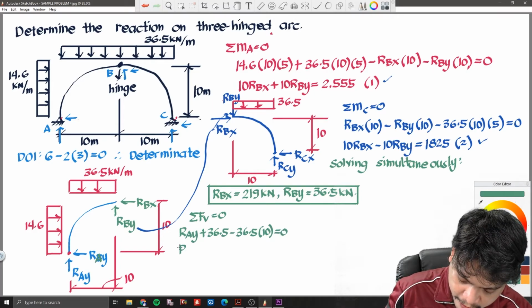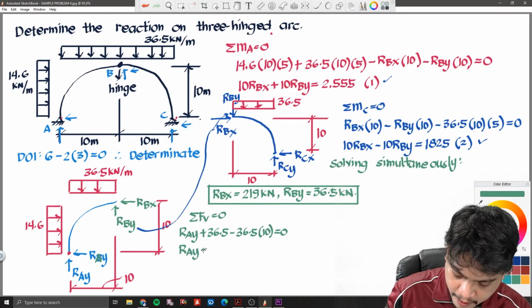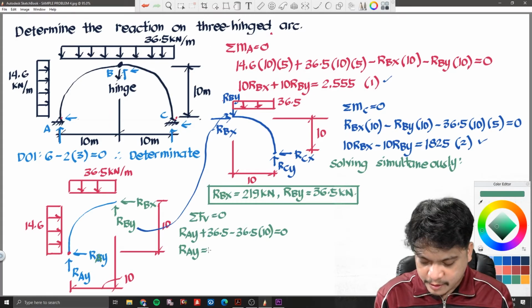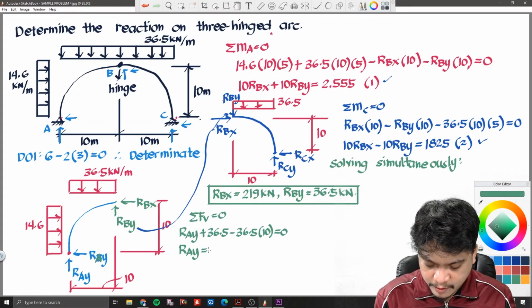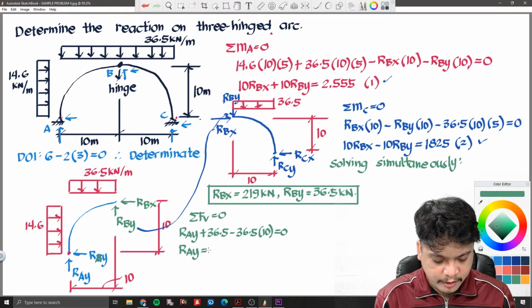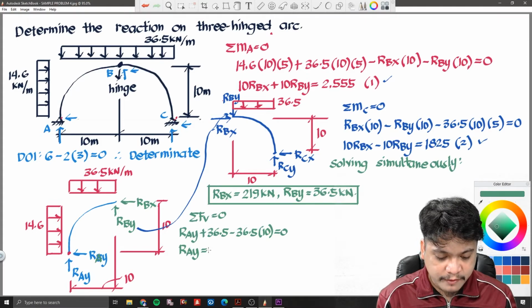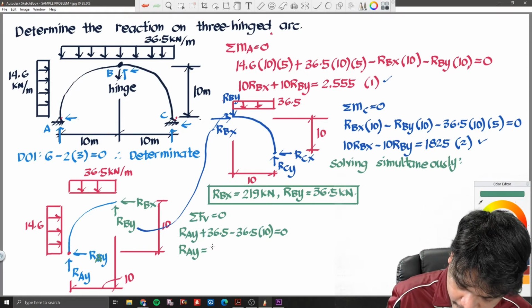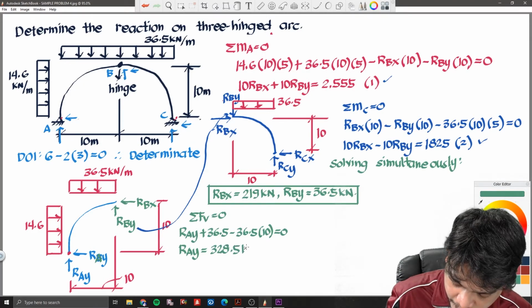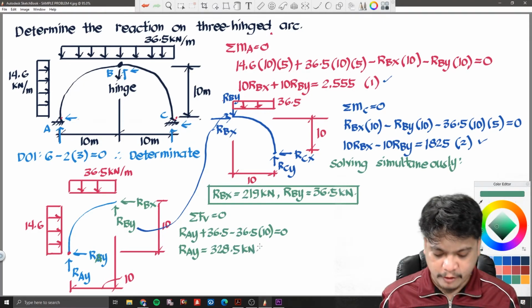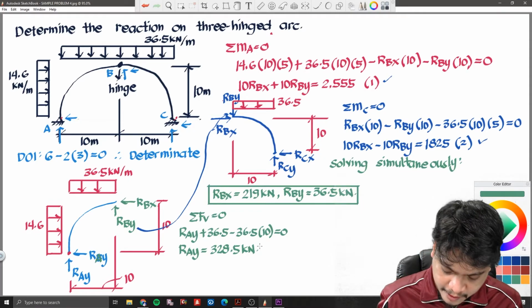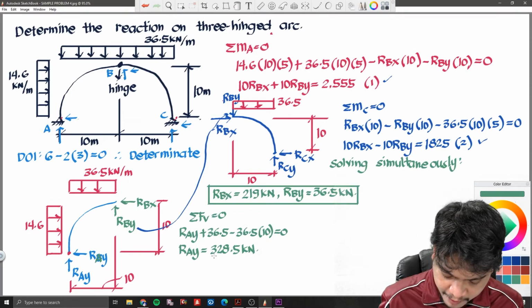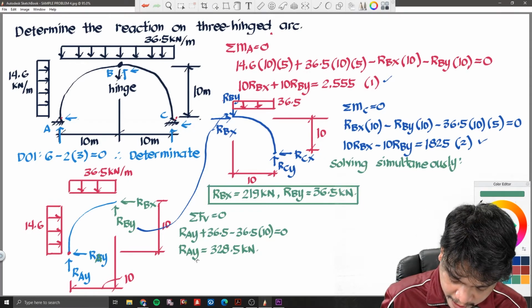So, I have now the RAY. Okay? So, RAY ko, that would become equal to 36.5 times 10 minus 36.5. So, you have here 328.5 kilonewton.